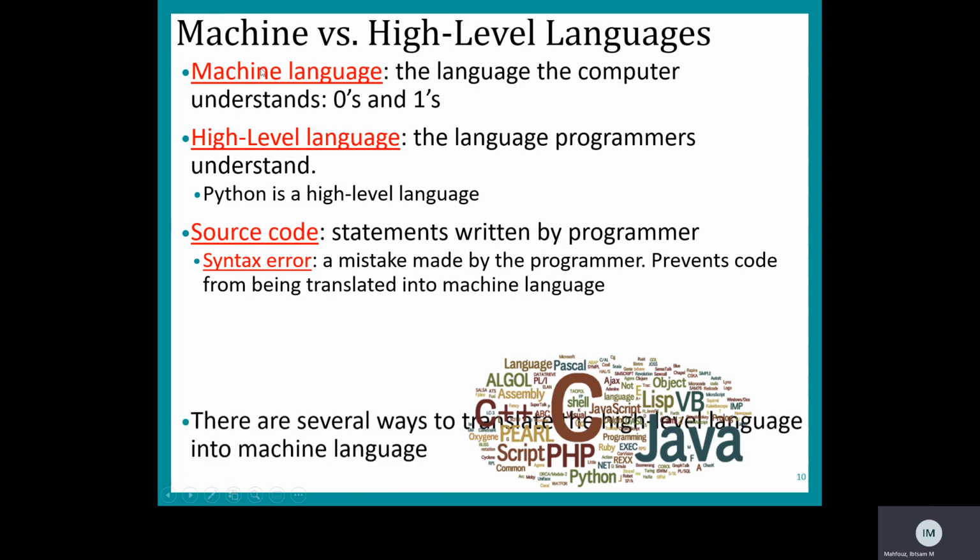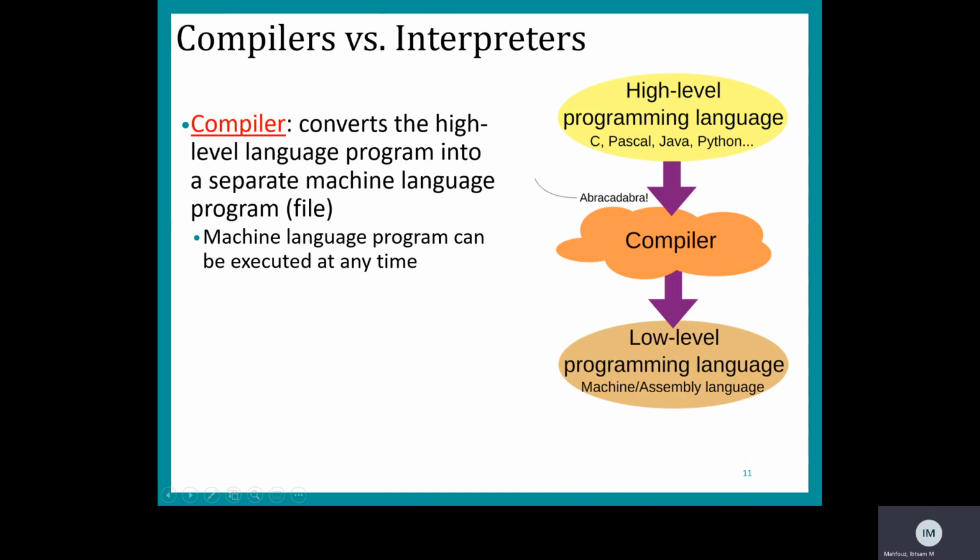translated into machine language. And so to translate this code into machine language, there is something called a compiler, and there is something called an interpreter. Now, Python does not use the compiler, so I'm just going to skip over that for now. Just know that if you've learned Java or C, you've used a compiler.